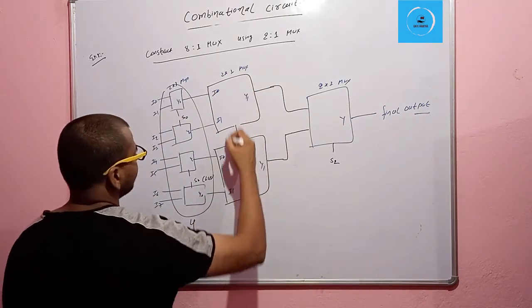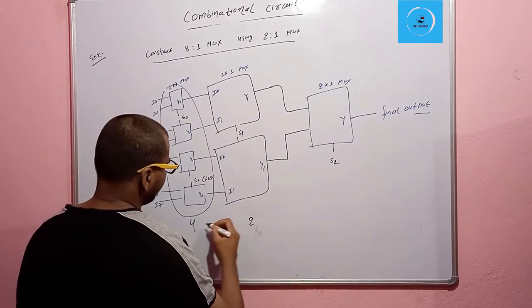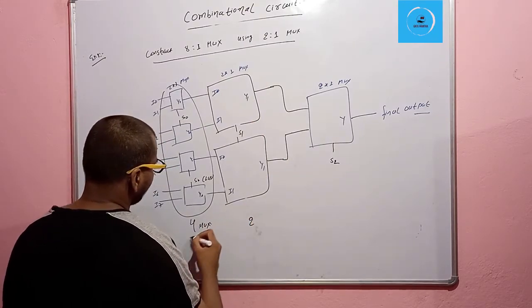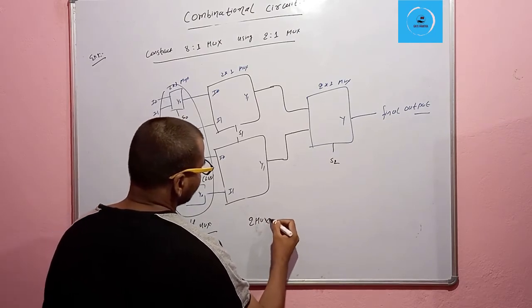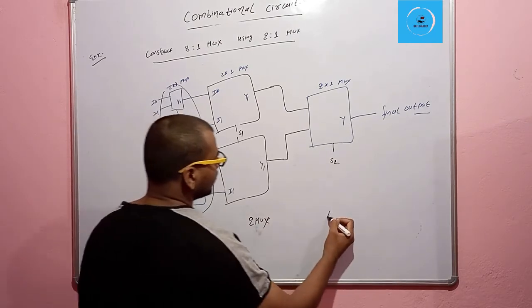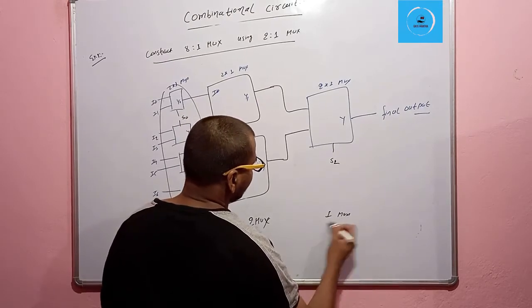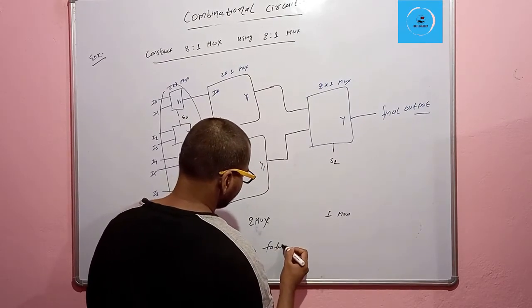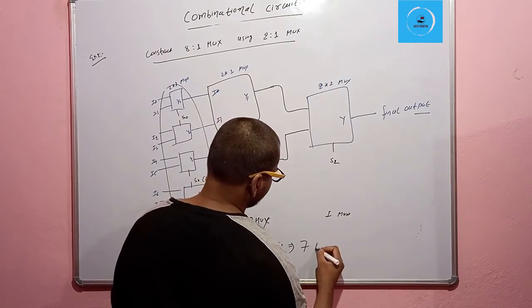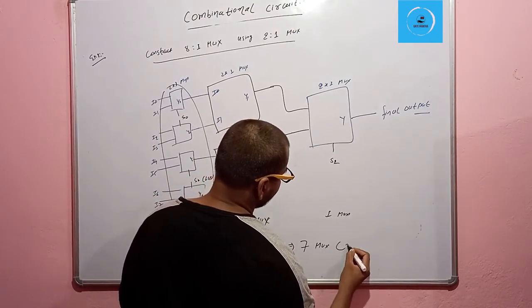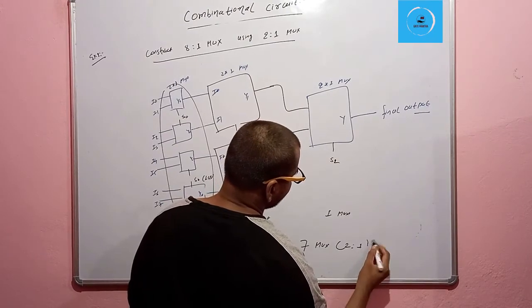At the second stage, we require 2 muxes, and at the third stage, we require 1 mux. So in total we require 4, 2 and 1, which is 7 muxes. 7 which muxes? 2 to 1 muxes.